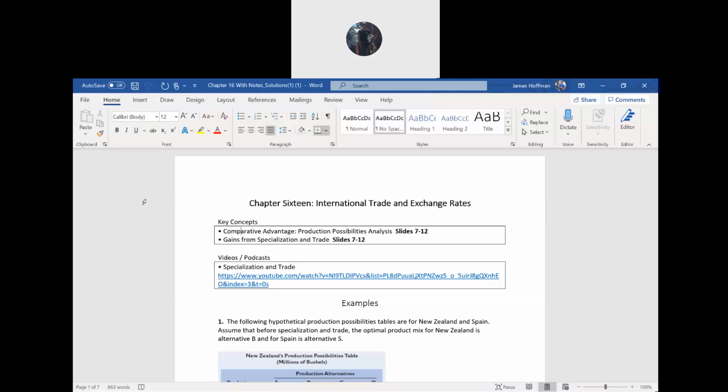All right, so the first key concept is to illustrate comparative advantage using the production possibilities curve analysis. And we're also going to illustrate how you can get gains from trade when both countries specialize. So basically, we're going to define comparative advantage.